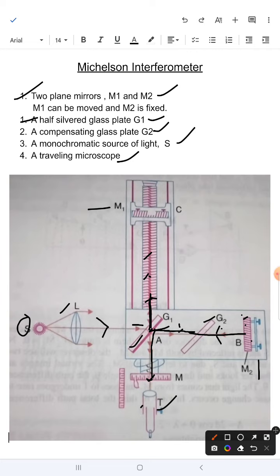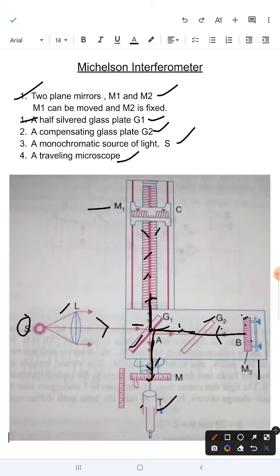After incidenting on M1 mirror, the light is again reflected back in the opposite direction, and this light again travels into the glass plate here and is transmitted downwards. So this light which is traveling towards M1 travels through the glass plate G1 three times.